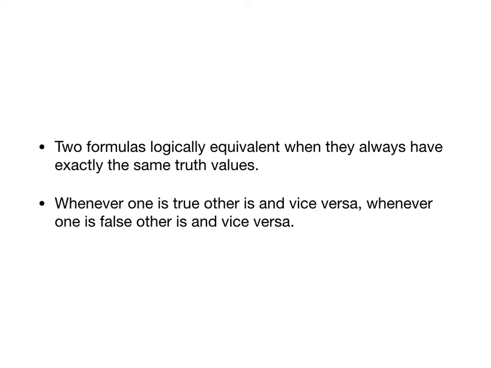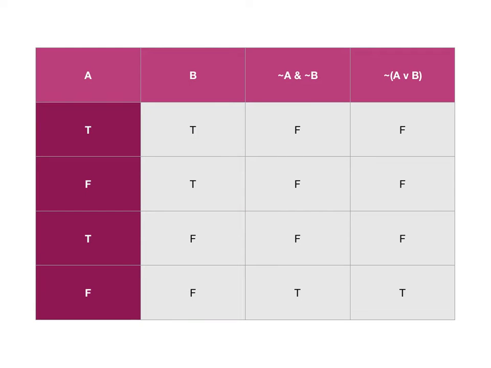Look, let's look at our truth table. I think this will make this a bit more precise, right? So, when we have the A and B, this way of setting it up gets every possibility. And look, not A and not B always has exactly the same truth value.